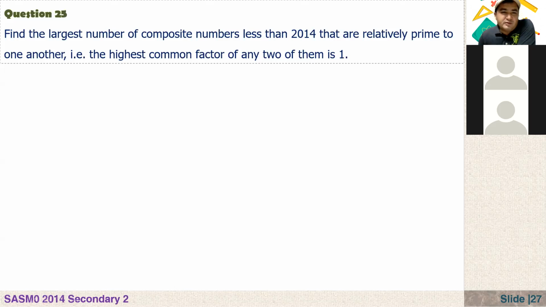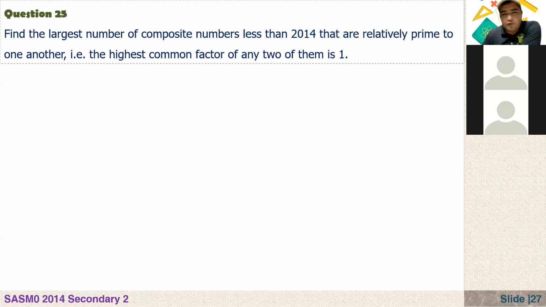We know composite numbers, right? A composite number is a number which has more than 2 factors, like 4, 6, 9. We call them composite numbers. So the question is, find the largest number of composite numbers less than 2014. How many composite numbers do we have less than 2014 that are relatively prime to one another?